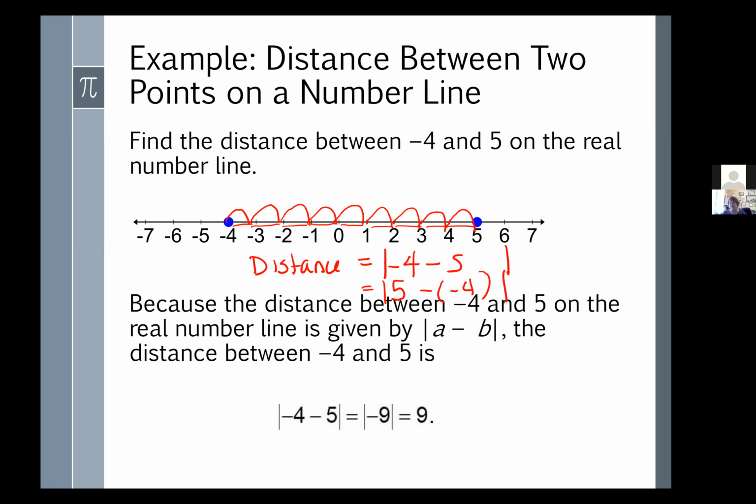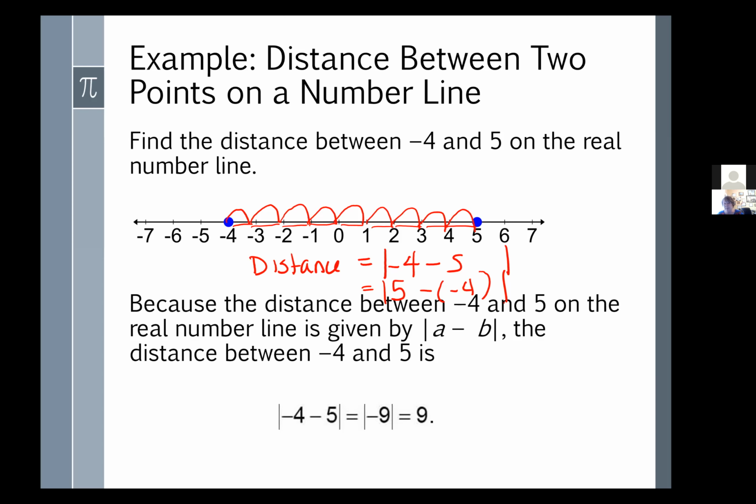So the distance between two numbers on the number line can be found by subtracting those two numbers and then taking the absolute value of whatever that is. So the distance between -4 and 5 on the real number line can be given by the absolute value of a minus b, where a is the first number and b is the second number. So the distance between -4 and 5 is the absolute value of -4 minus 5, which is the absolute value of -9, which is 9.